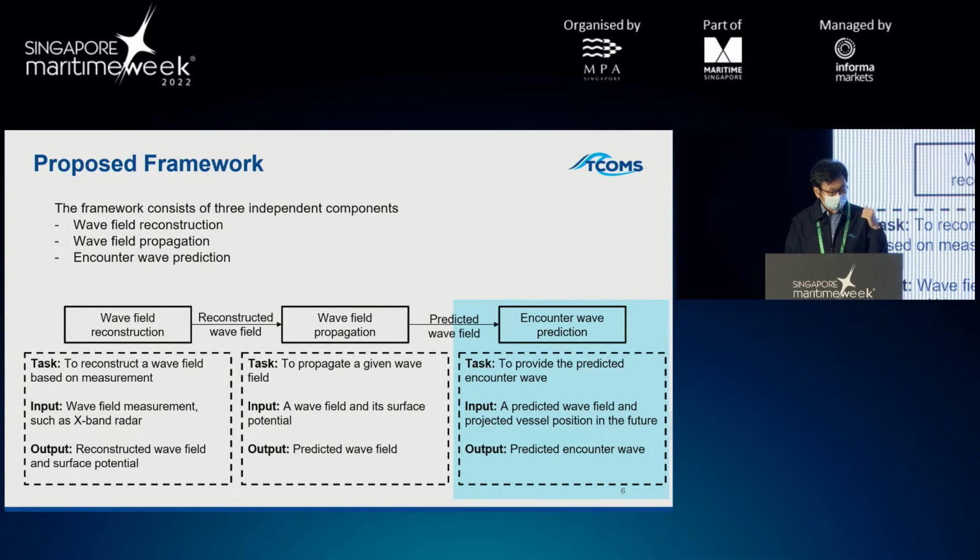So in the end, this will give us a predicted encounter wave. This component can be further extended such that, for instance, it takes in the vessel motion prediction to be incorporated there. But for now, we will just stop at encounter wave prediction at this stage.